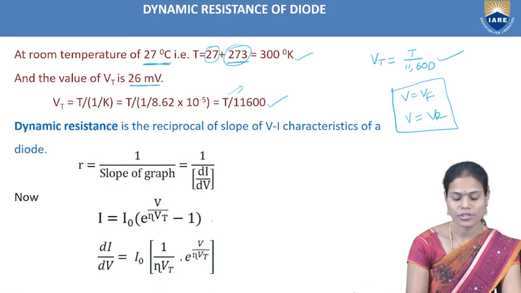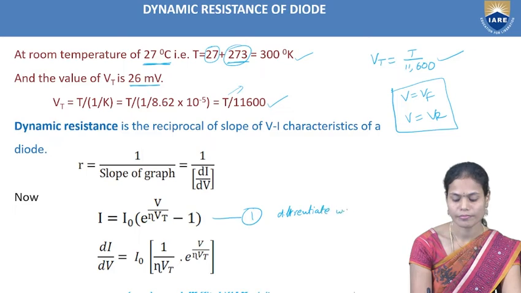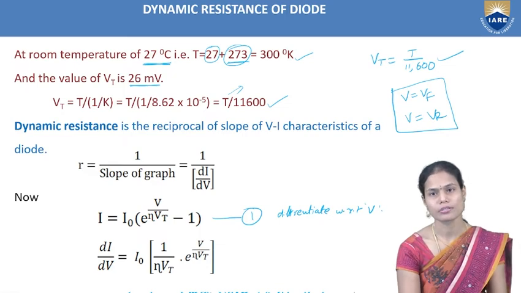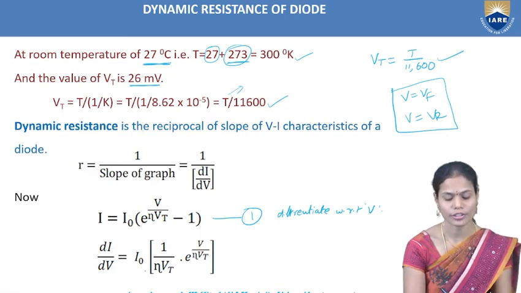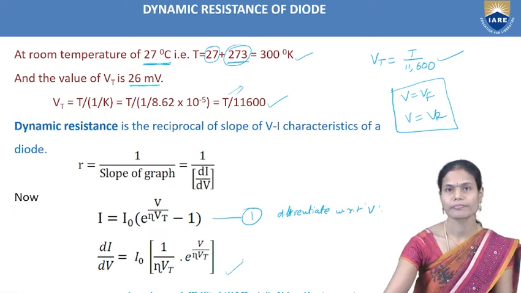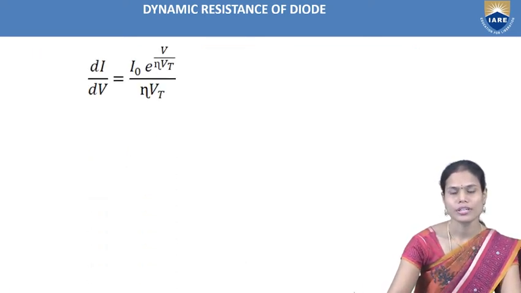Take this equation as 1 and differentiate it with respect to v. Then we get I naught into e power v by eta vt into 1 by eta vt, and the differentiation of 1 is nothing but 0. So di by dv we got as I naught e power v by eta vt divided by eta vt.